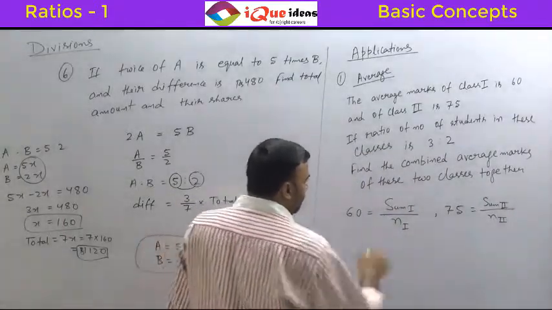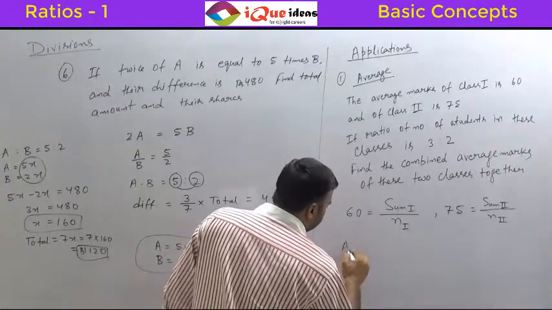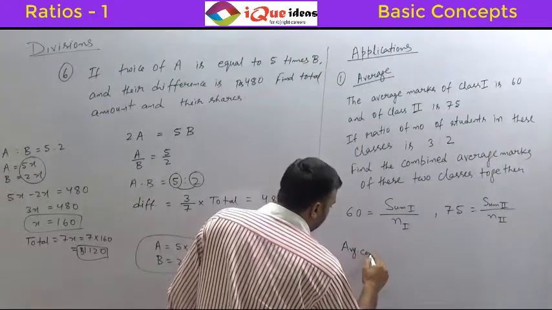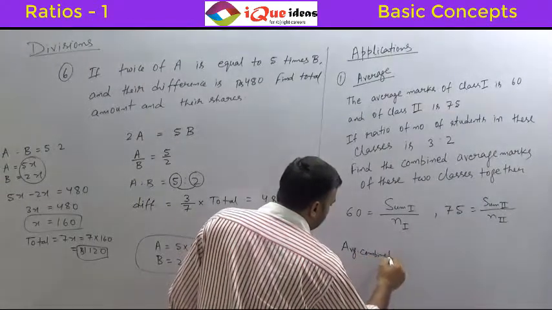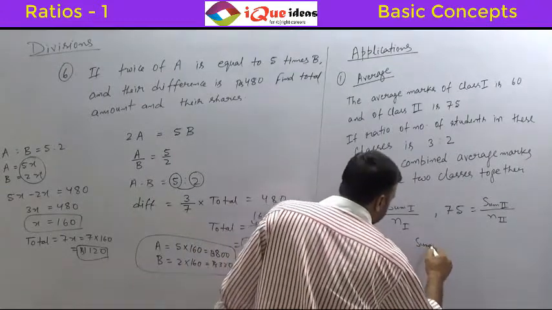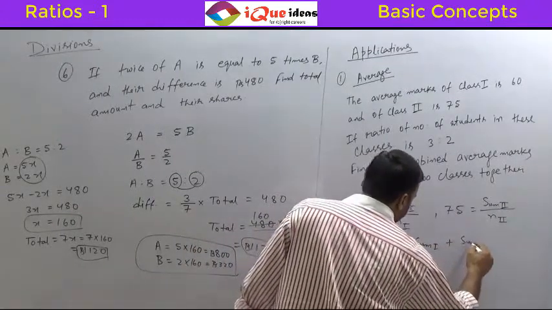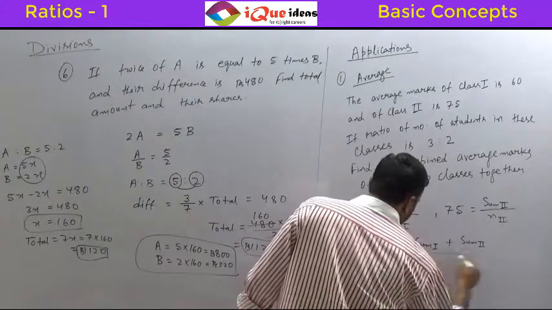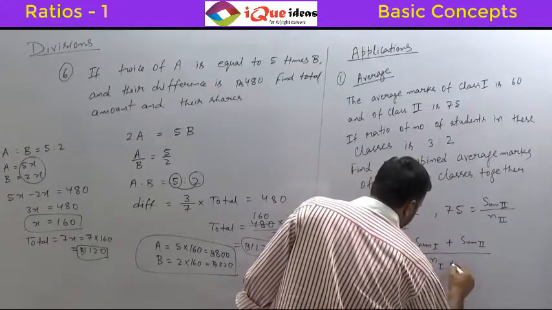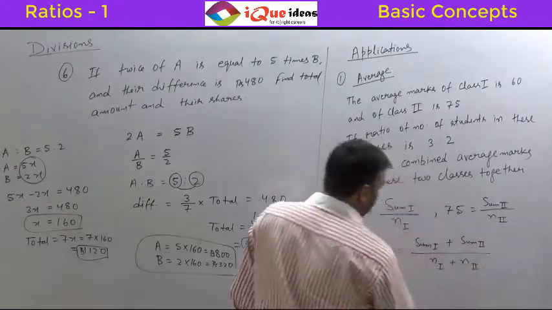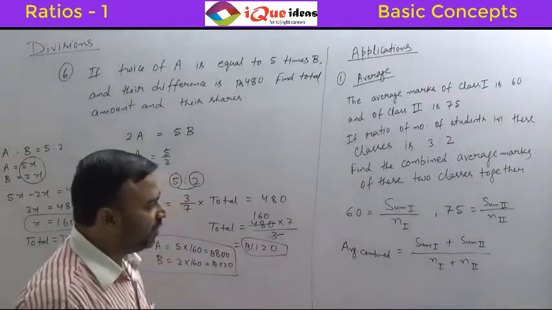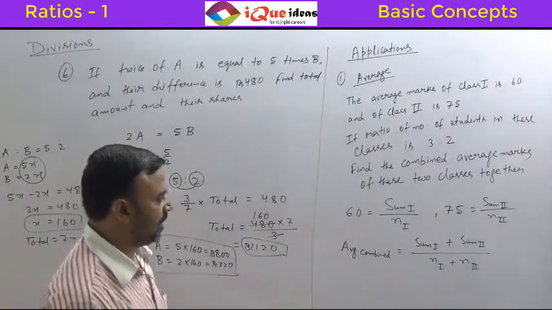So, as you can see, the overall combined average should be equal to the total sum, that is the sum of class 1 plus the sum of class 2, divided by the total number of students in class 1 plus the total number of students in class 2. But we don't know the numbers. Okay.